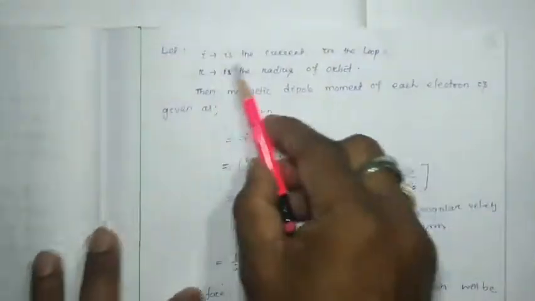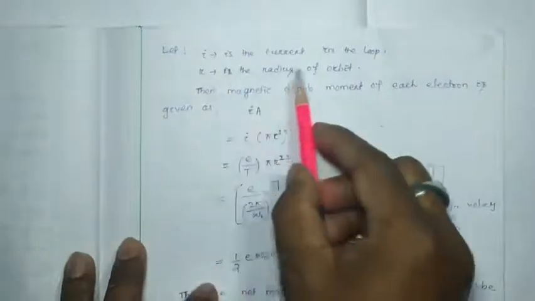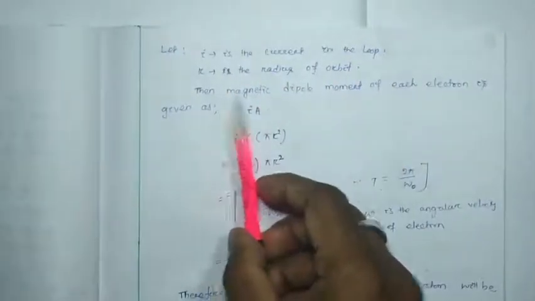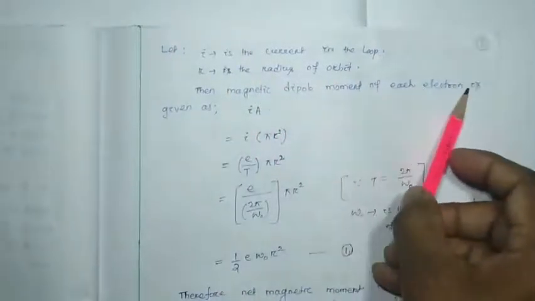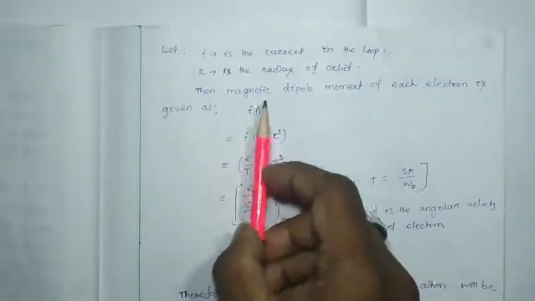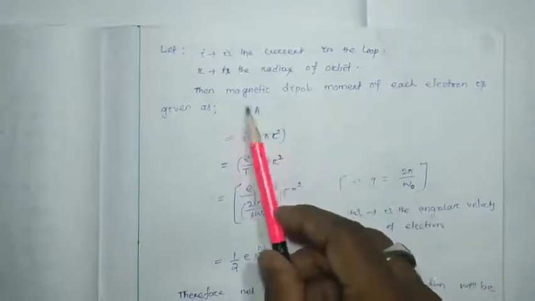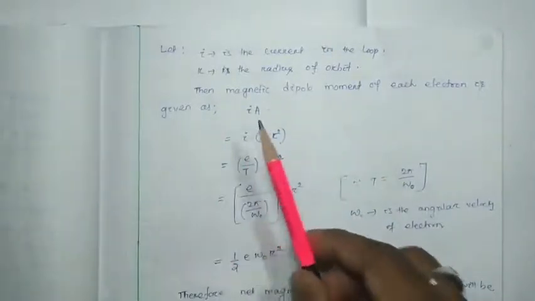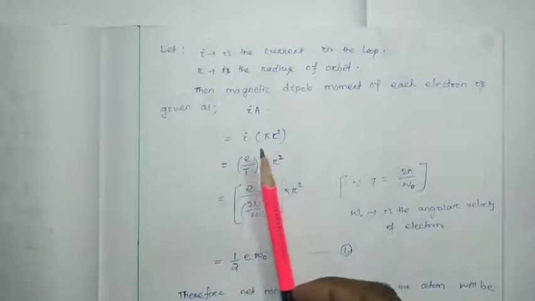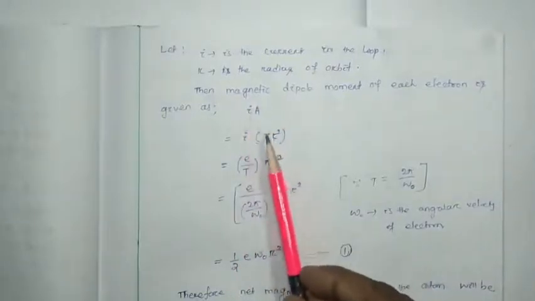Let I be the current in the loop, r the radius of the orbit. Then the magnetic dipole moment of each electron is given as I A. We know that the magnetic dipole moment is nothing but I into the area of that loop, I into A. Here the area will be pi r square.